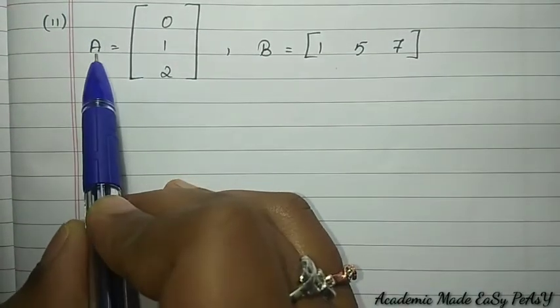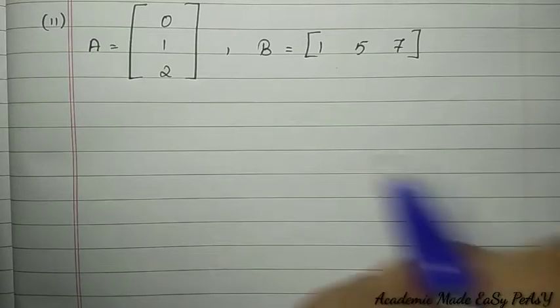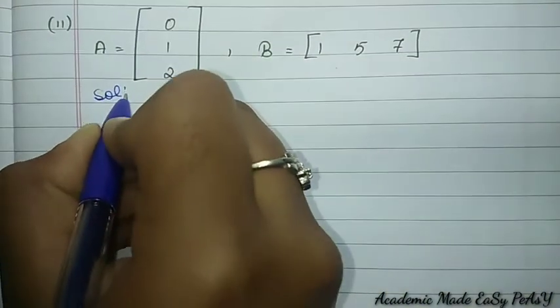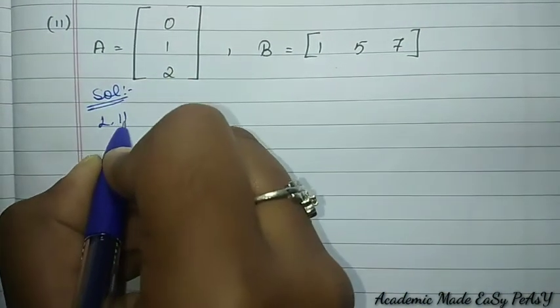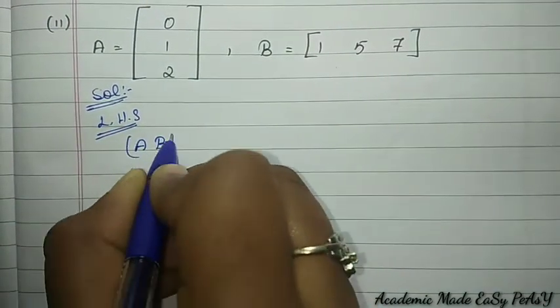Subdivision 2. Two matrices are given. We have to verify AB the whole transpose is equal to B transpose A transpose. So first let us take the LHS alone, that is left hand side. So there we have to find AB the whole transpose.